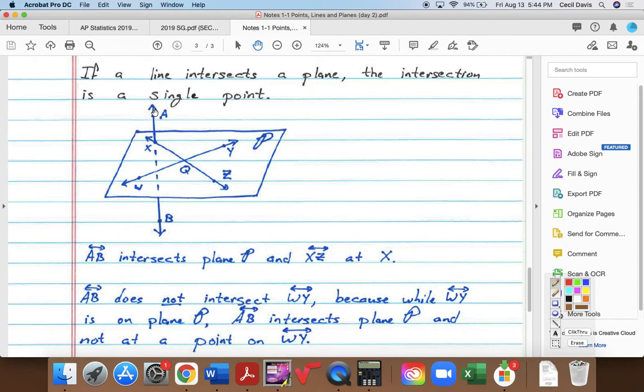Well, this line, line AB, or I could call it line AX, or line XB, is going through the plane. So this would be if you could take your pencil and hit your desk hard enough to where the pencil shoved through the desk.